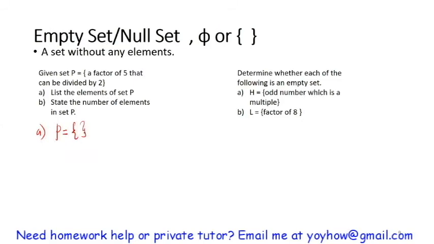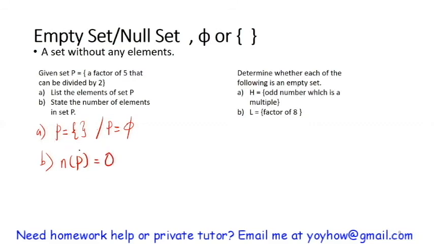You can use this symbol, or if you don't want, you can also write like this. The choice is yours. Normally I myself would prefer this, because later on I can calculate how many elements are inside. So n(P) equals 0.